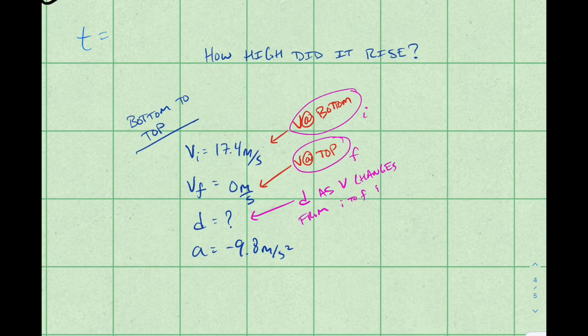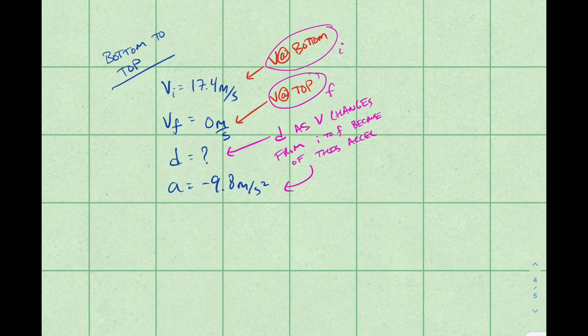It travels that distance d over that time period. Okay, so your initial is at the bottom, the acceleration causes a change in velocity, you cover distance d over that period of time. That leads us to the equation of VF squared is equal to VI squared plus 2AD.